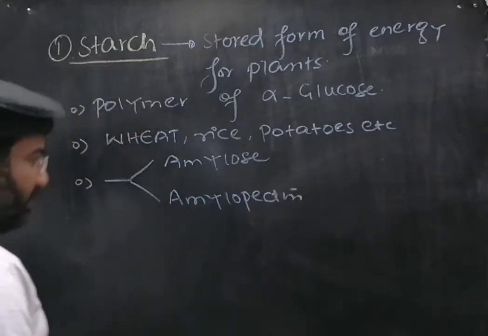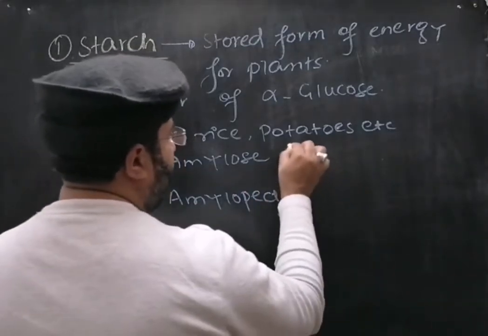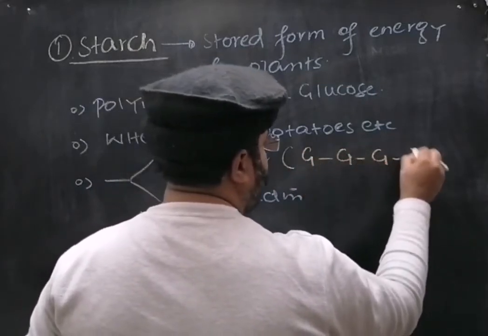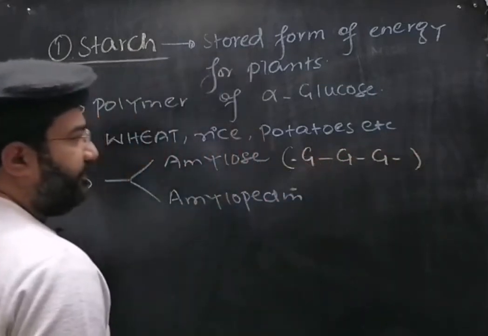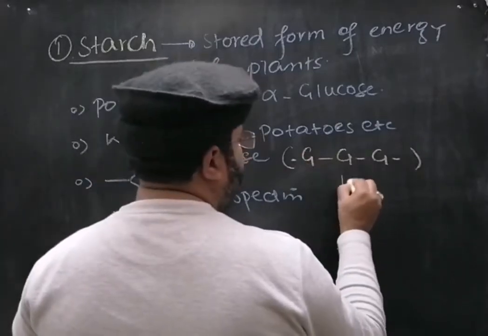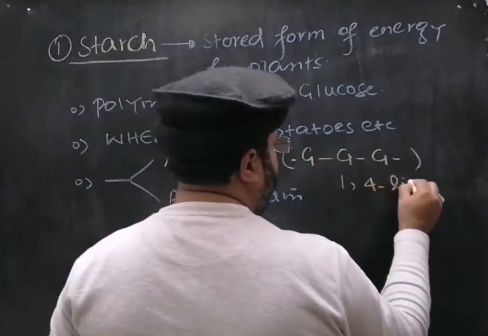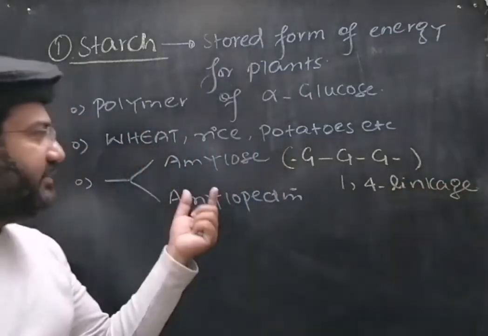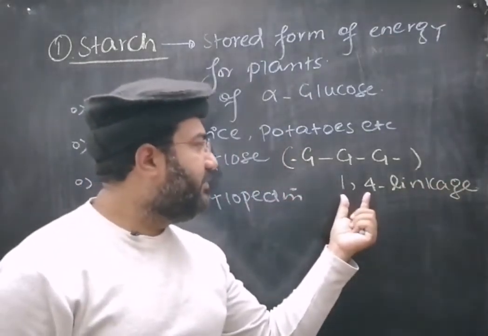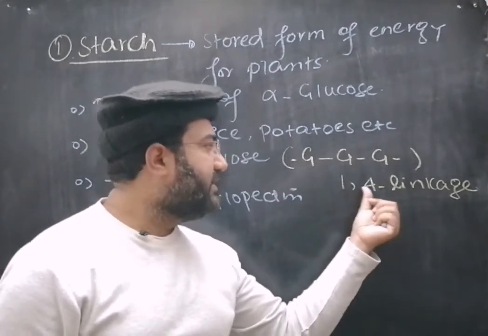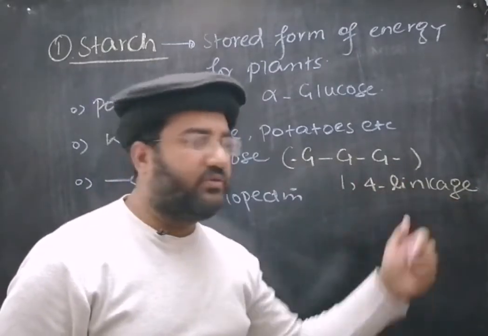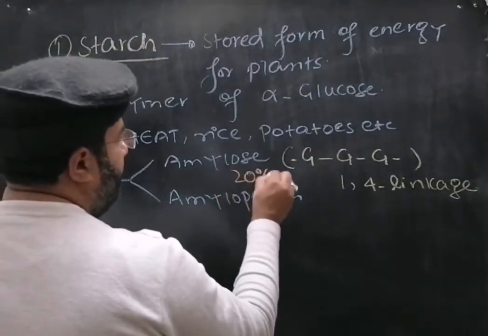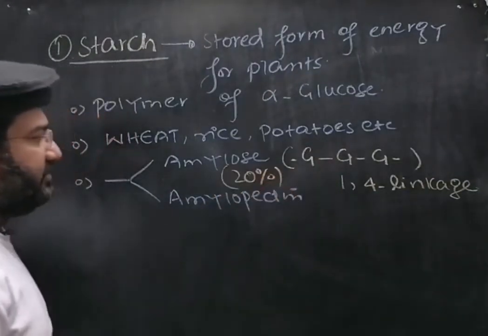In amylose, all glucose units are attached in a straight chain. And only 1,4 linkage is present between the glucose units in amylose. That means the glycosidic linkage will be between carbon number 1 of one glucose and carbon number 4 of the next glucose unit. And amylose constitutes only 20% of the total starch on this planet.